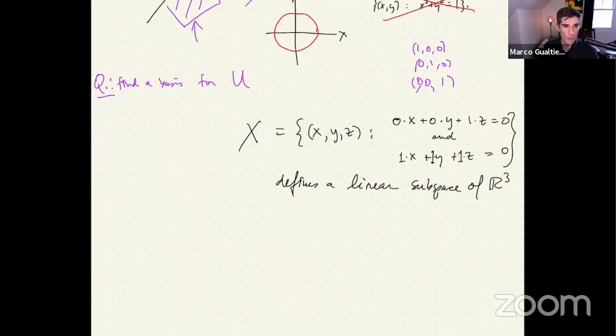What is that linear subspace? It consists of the points which satisfy this and this.